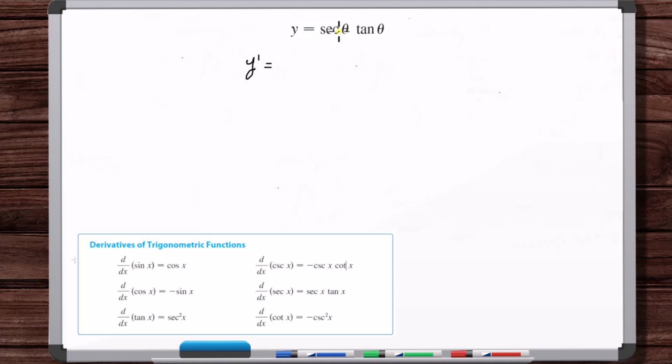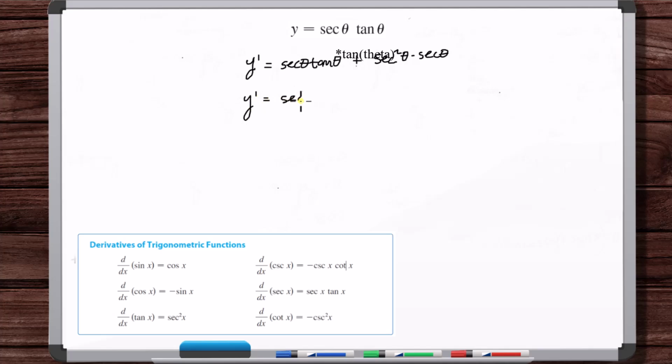And that's the derivative. Okay, we need to use the product rule again. We've got one function of theta times another function of theta. So the derivative of the first, what is the derivative of secant theta? Secant theta tangent theta. Okay, plus the derivative of the second. The derivative of tangent theta is secant squared theta times the first. Okay, so now let's just clean this up.